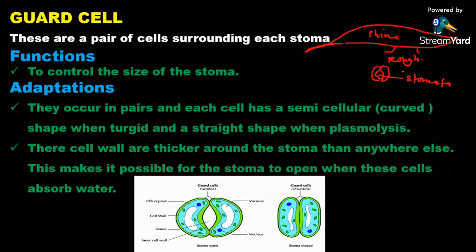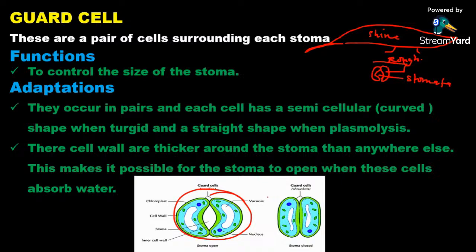These cells around it are called guard cells. As you can see here, these are two guard cells, then we have the opening there, which is called stoma. This one is when the guard cells are turgid, or they have absorbed a lot of water. But here, when they are flaccid.